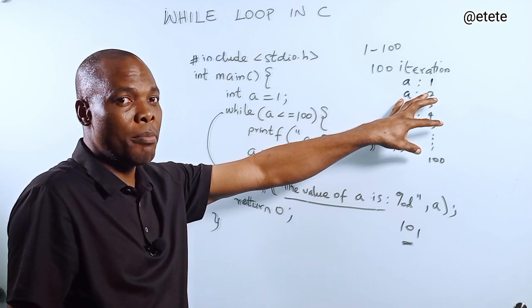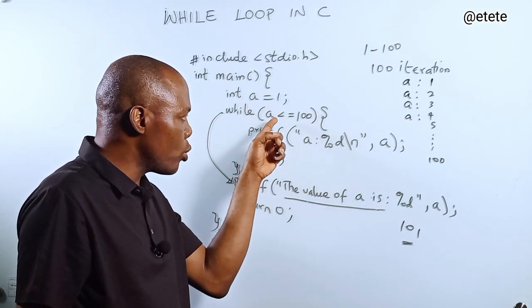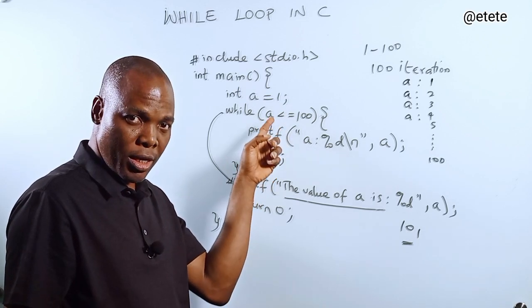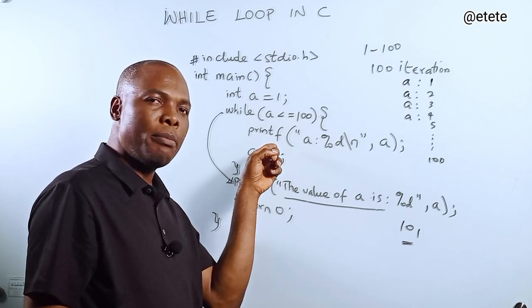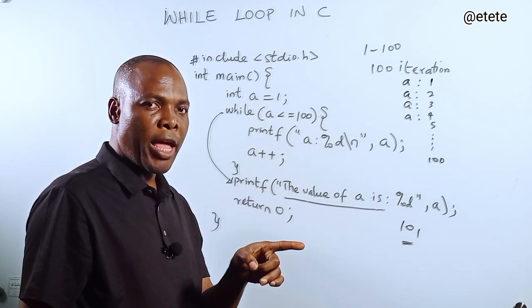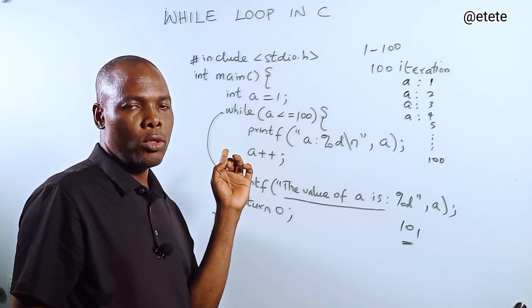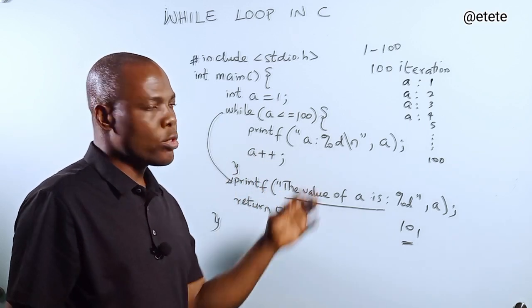I will introduce a break statement to skip that loop. So even though this loop is written, I can insert a break statement into it and say once it is this number of times, then don't let it happen again. You understand? So let's go to Code::Blocks.